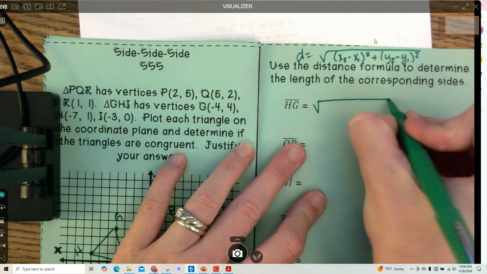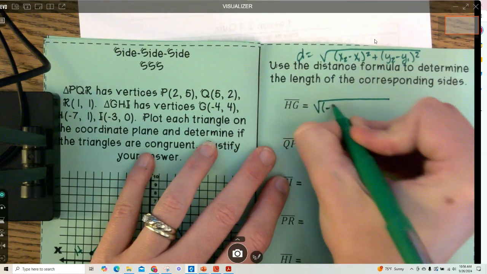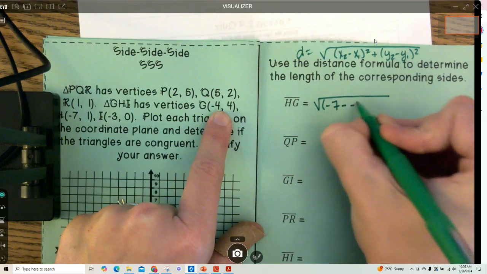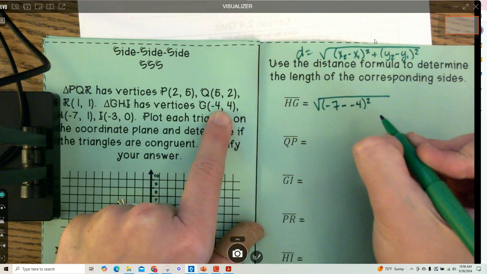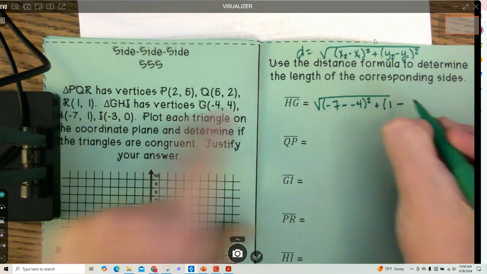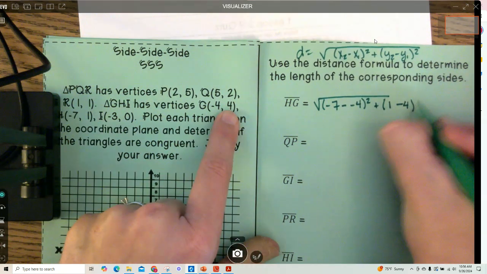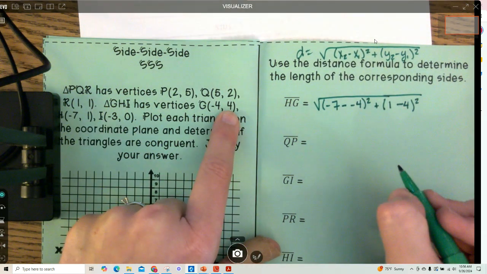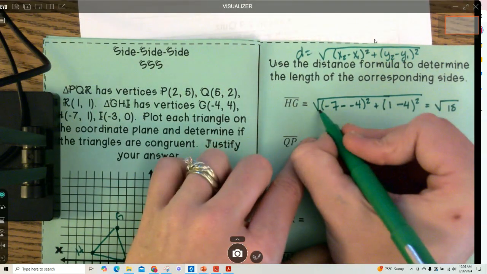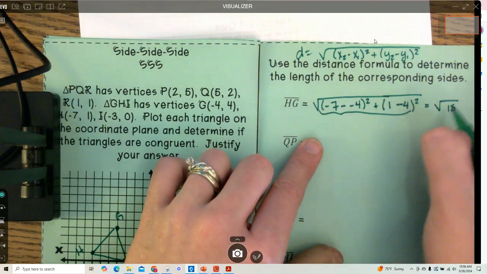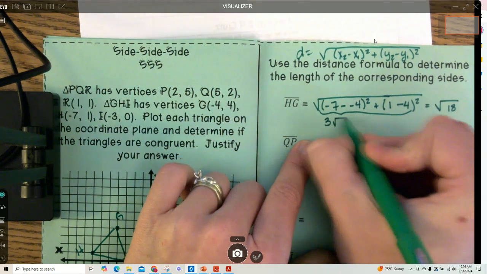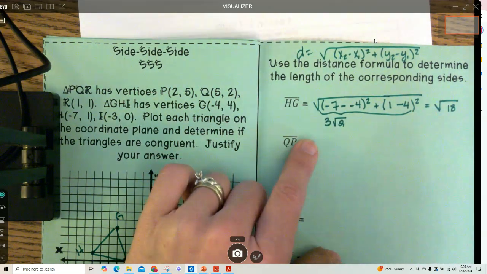So I would have -7, right, minus a -4 squared plus 1 minus 4 squared. What that ends up giving me is the square root of 18. If you would type just this piece in your calculator, you're going to get an 18. And then the square root of 18 will simplify to 3 times the square root of 2.